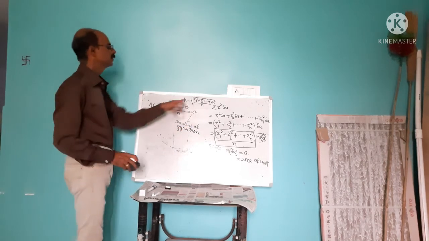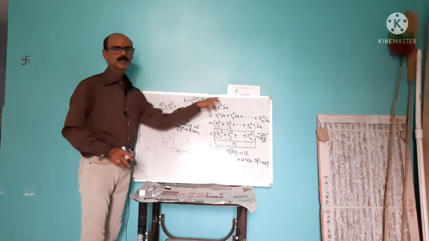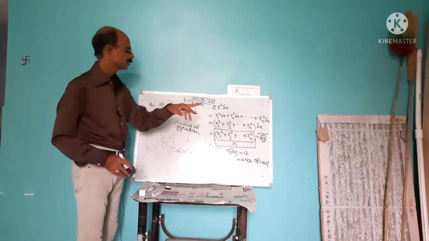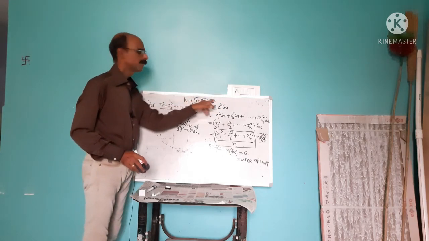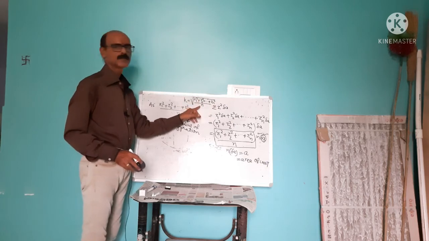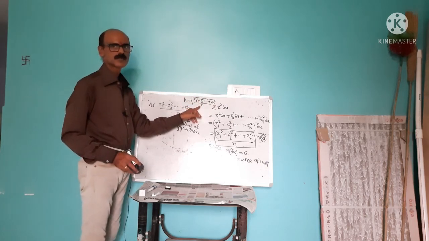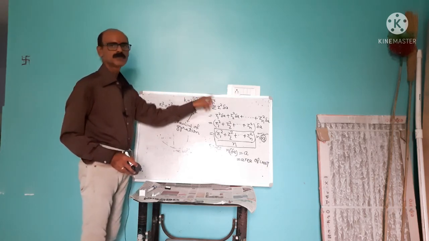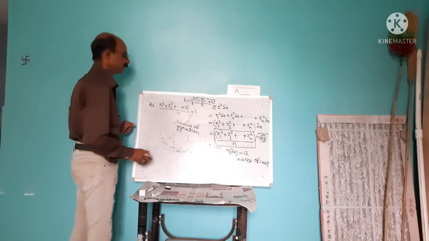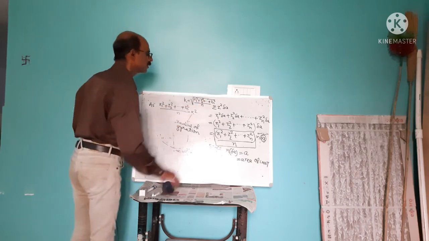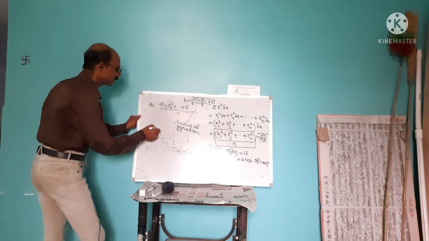If we take the square of the distance from the axis and make their sum, divide it by the number of sections, that means the mean of the squares, that gives us the radius of gyration. Then what will be sum of Z square del A?